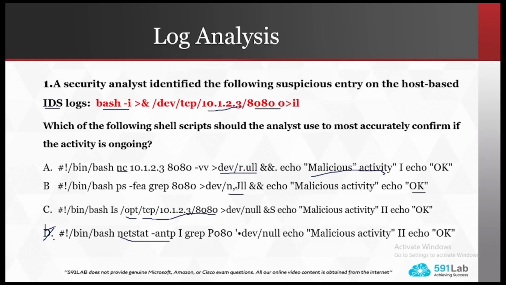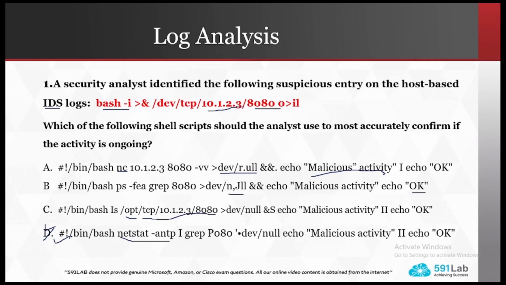So the most suitable script for this scenario is D, since it directly checks for the listening process, specifically focusing on finding processes listening on port 8080, which aligns with suspicious activity in IDS logs or a potential connection prompt.